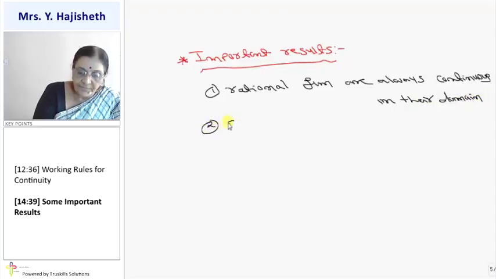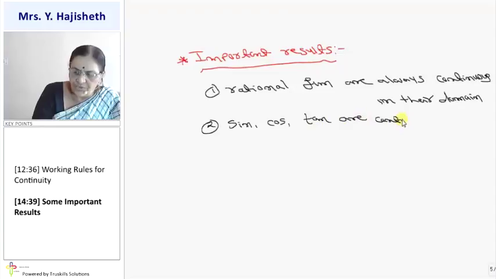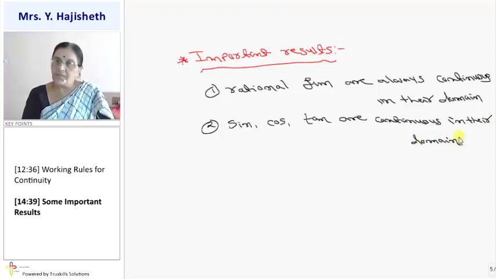Second, sine, cos, tan, all trigonometric functions are continuous in their domain. Okay? Clear?